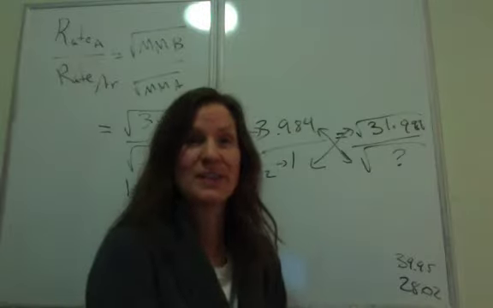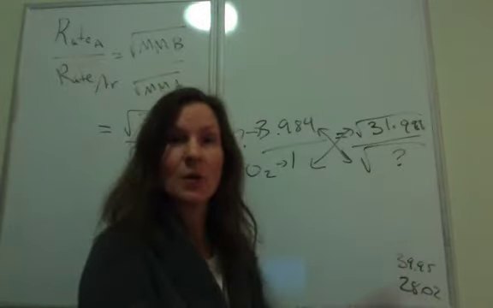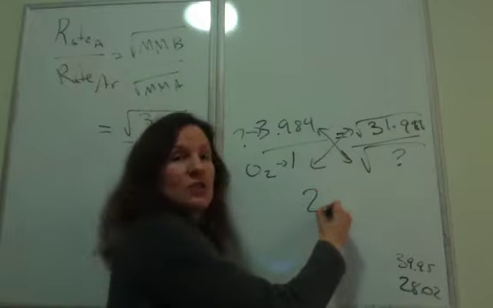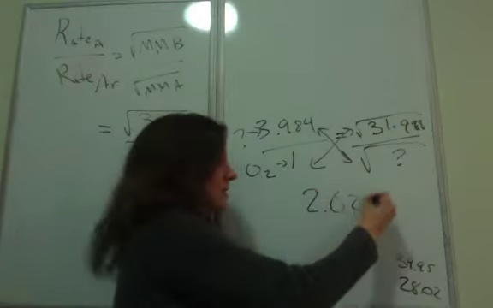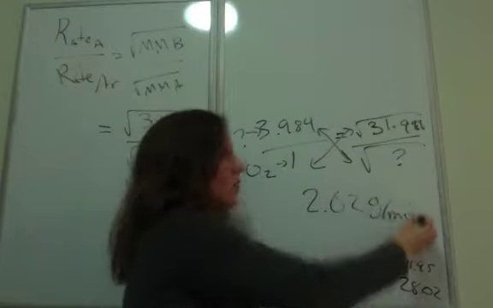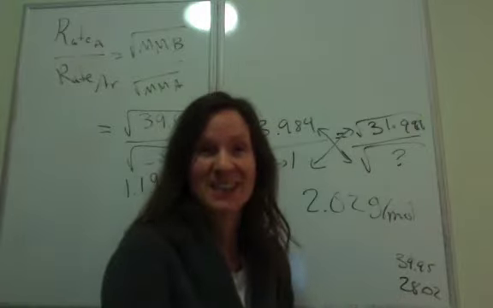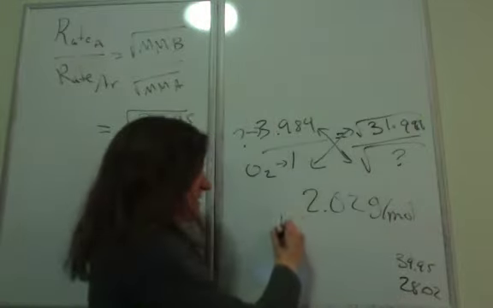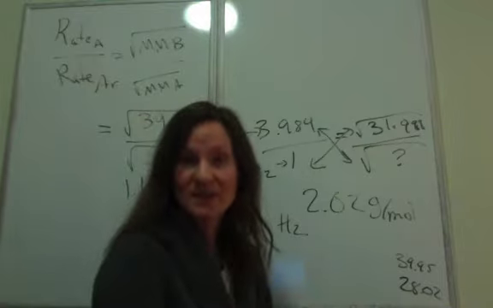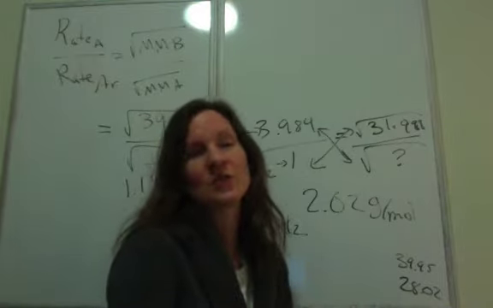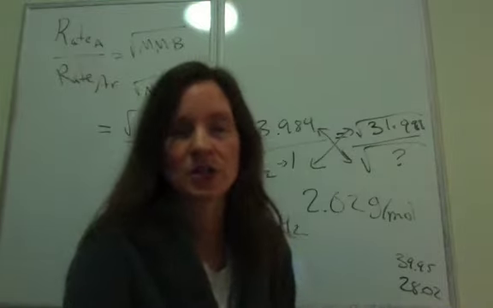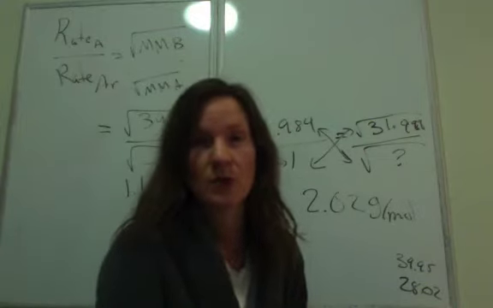If you solve for this unknown molar mass, you'll get 2.02 grams per mole. So the question becomes, what diatomic gas is going to have that molar mass? That's going to be hydrogen. So those are two different types of problems you can do in relation to diffusion and effusion using Graham's law.